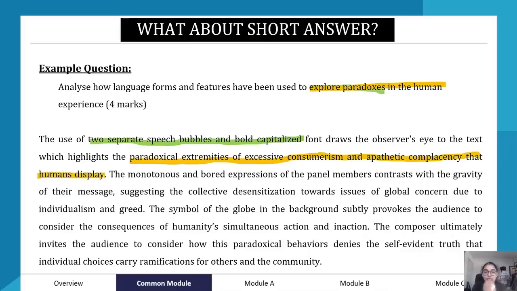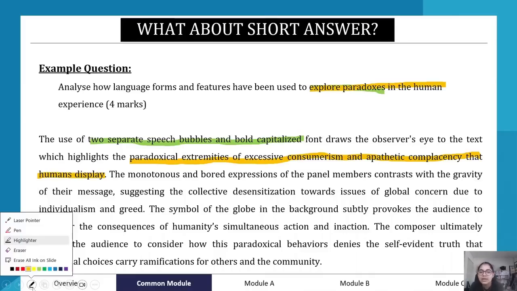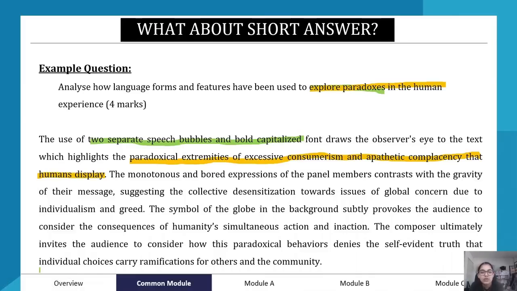You have to make sure that you are being specific, and like in essays, just repeating back text, one utilizes forms and features to explore paradoxes in the human experience, that's not going to get you any marks. So you've got to make sure that you actually link back to the question. So how and what paradox are they asking us to explore?